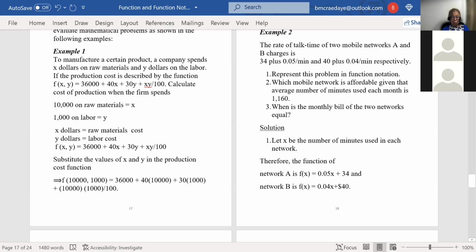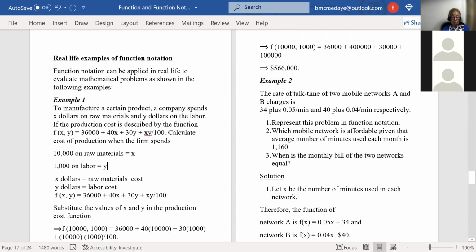Let's see. So 36,000, 40 times 10,000 is 400,000. 30 times 1,000 is 30,000. 10,000 times 1,000 divided by 100 is 100,000.